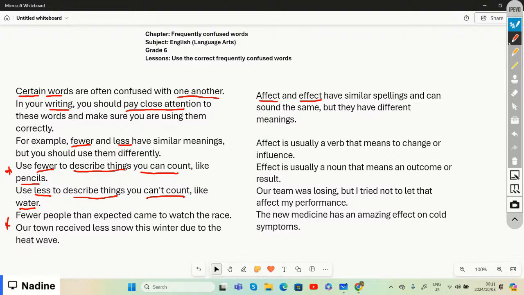But even if you say it a bit slower, you'll see that the first one is affect, whereas the second one is effect. Affect and effect have a similar spelling, and the sound can sometimes sound the same, but they have different meanings, and we are going to get to those meanings now.